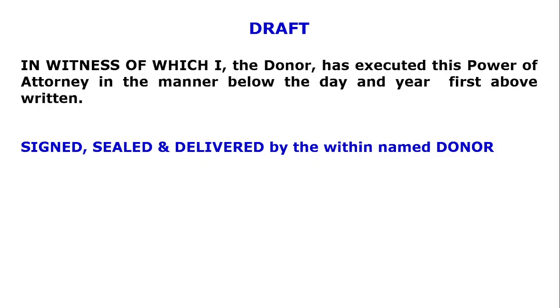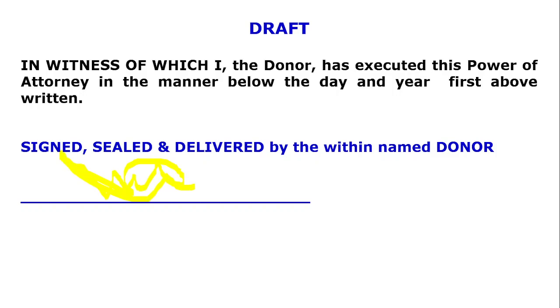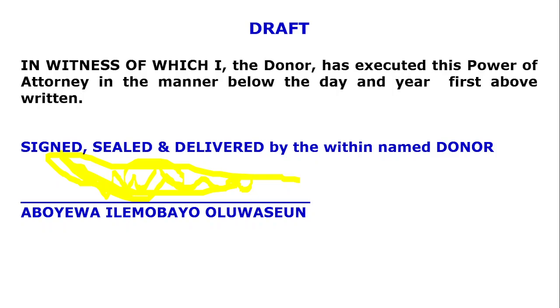But the moment it is by way of deed, because you have looked at the power clause and it is asking the donee to do something by way of deed, then it must be signed, sealed, and delivered by the within named donor. And of course, you write a dash, and you must ensure, please, that you sign. You must sign. So don't leave it. And then, of course, you include the name of the donor. So you must sign. Tell yourself you must sign. Don't leave it. If you leave it, that is zero, right?